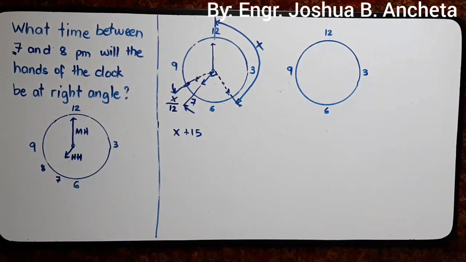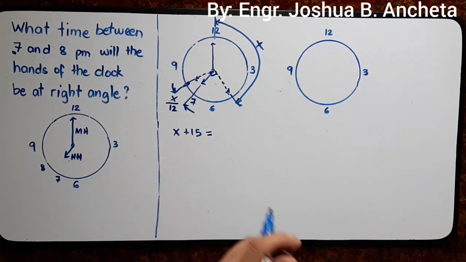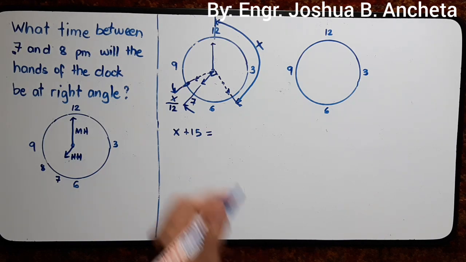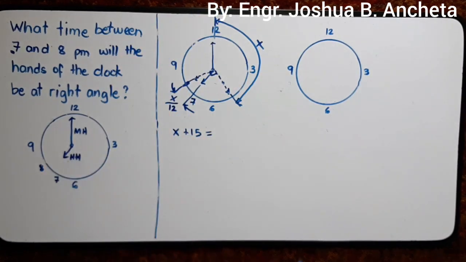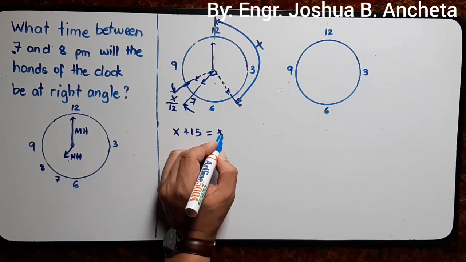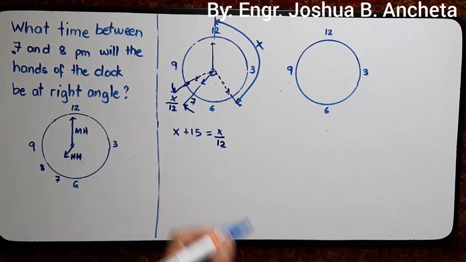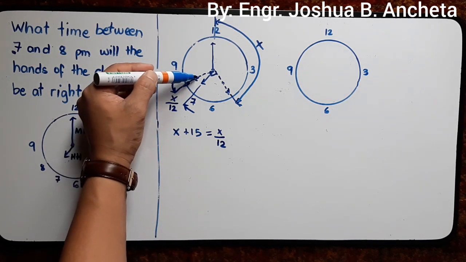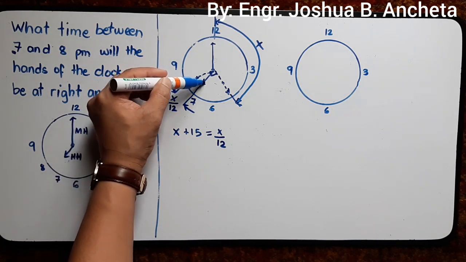You can equate this to another equation representing the boundaries. So for this side, let us use x over 12. x over 12 is from this position up to this position only.